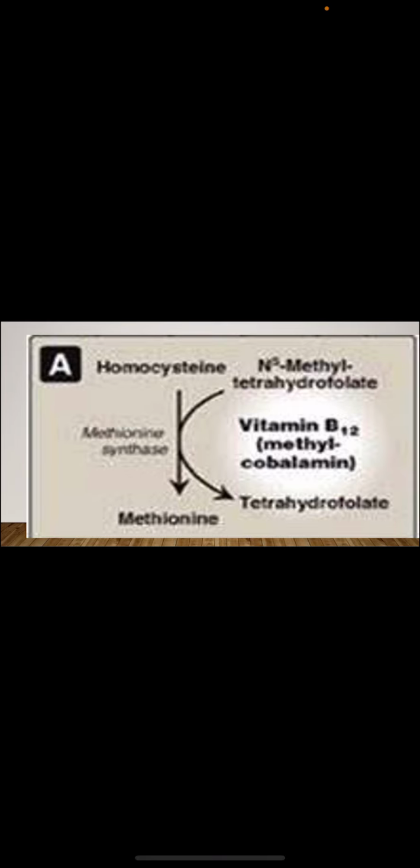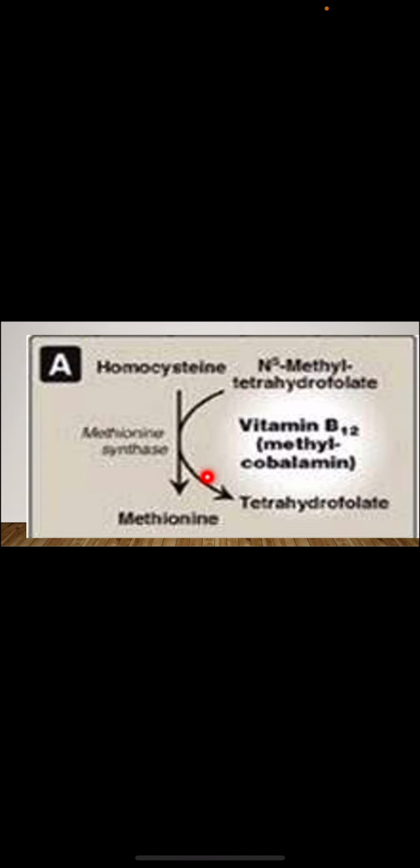So there are some reactions in which B12 is used as a coenzyme, and one of the most important reactions is the resynthesis of methionine from homocysteine. So homocysteine is converted into methionine using methionine synthase.